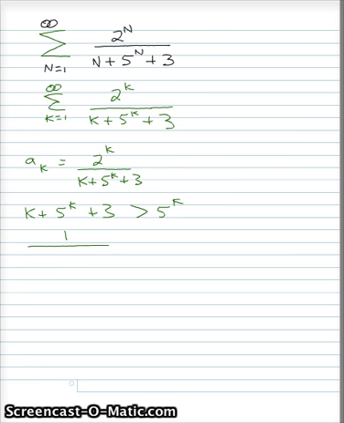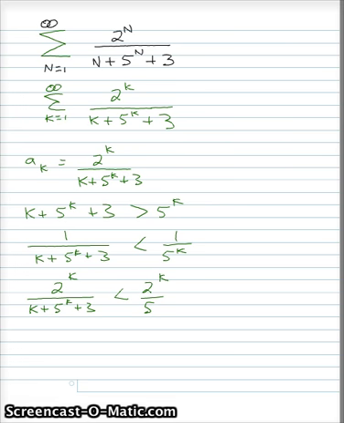Because now if I take the reciprocal of both sides, 1 over k plus 5 to the k plus 3 is less than 1 over 5 to the k. Now let's multiply both sides by 2 to the k. 2 to the k is positive, so the signs will not change. 2 to the k over k plus 5 to the k plus 3 is in turn less than 2 to the k over 5 to the k.